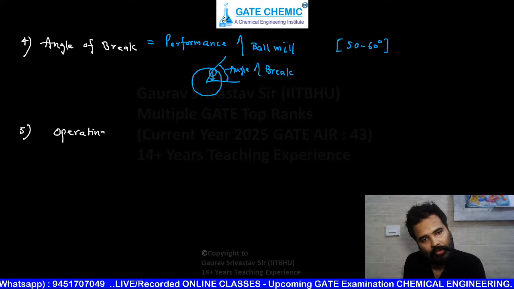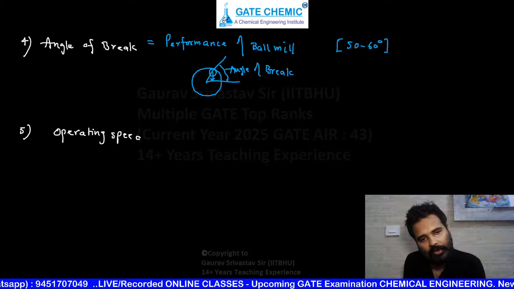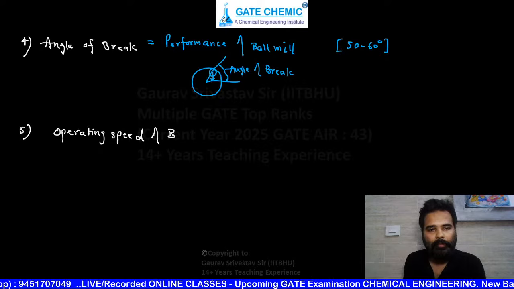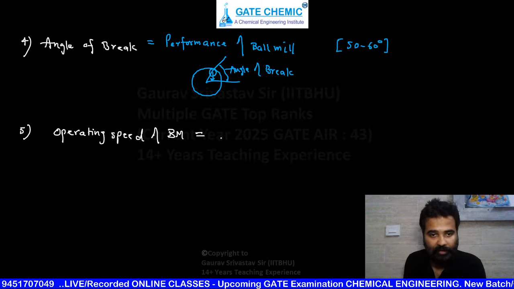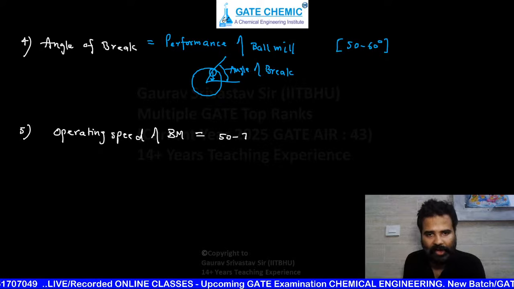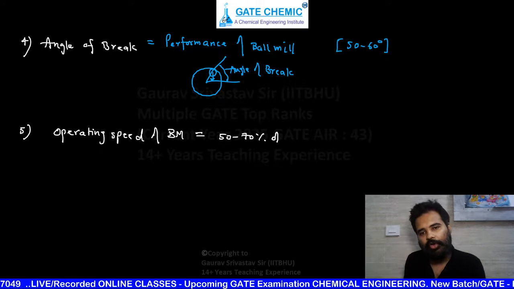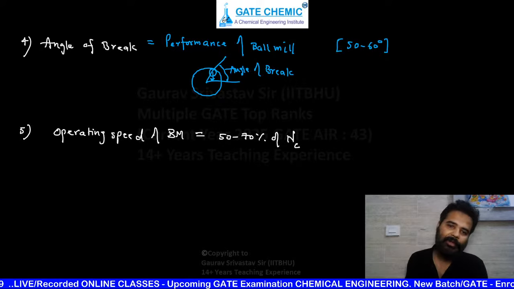Operating speed of ball mill is nearly, just a typical range, 50 to 70% of NC, that is critical speed.